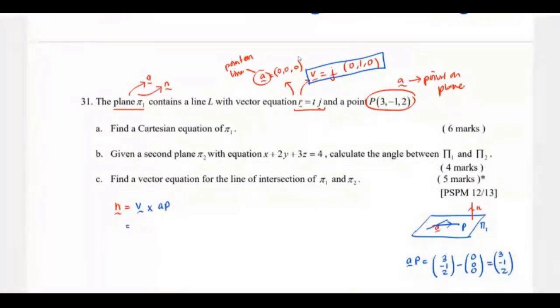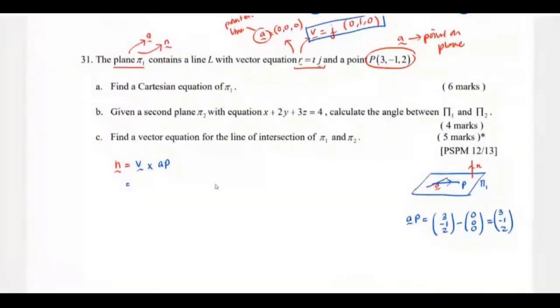Okay. So by cross product, IJK, so V kita adalah 0, 1, 0, and then AP kita adalah 3, -1, 2.